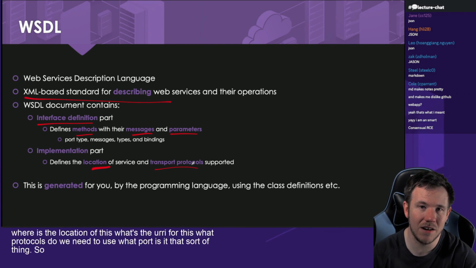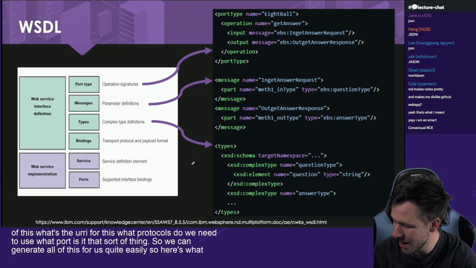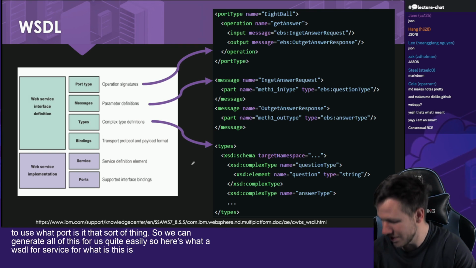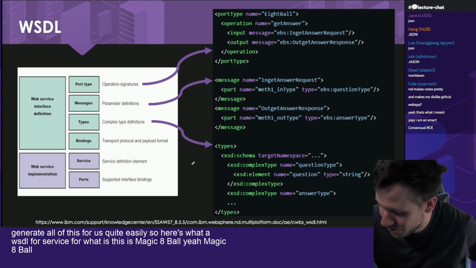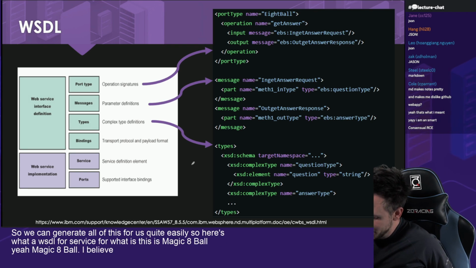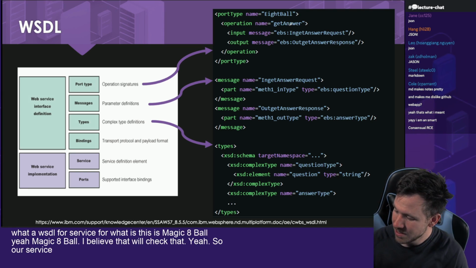So we can generate all of this for us quite easily. So here's what a WSDL for a service looks like. This is a Magic 8 Ball service description, I believe. Let me double check that. Yep. So our service has a service name of 8 Ball.